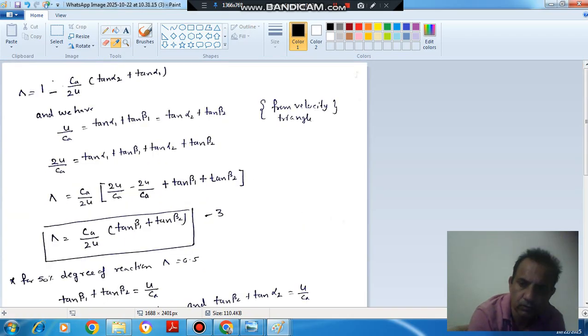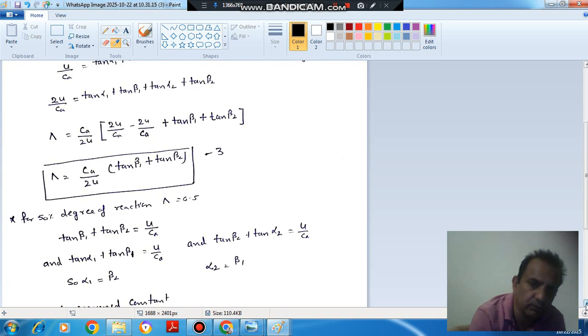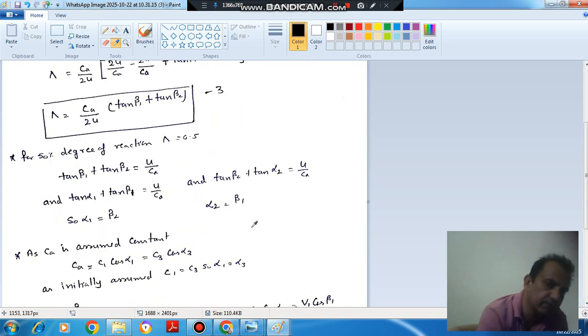So from this we also get alpha 2 is equal to beta 1. Now Ca is assumed constant, so Ca in terms of C1 and alpha 1 is C1 cos alpha 1, and in terms of C3 and alpha 3 it is the same.